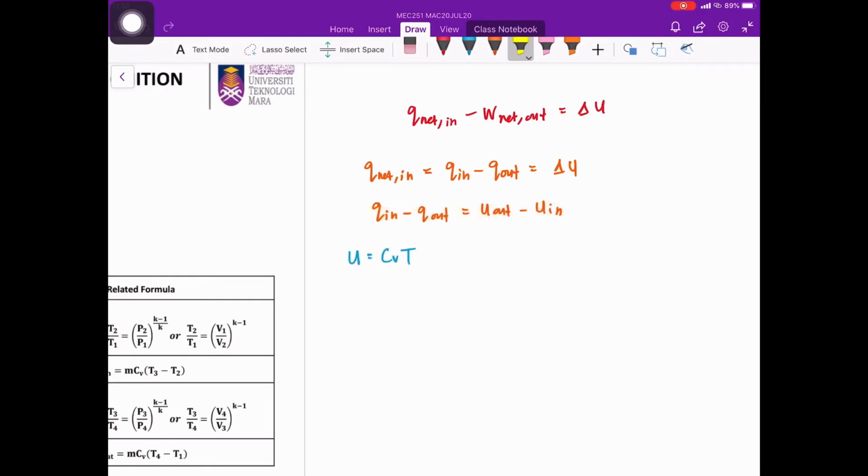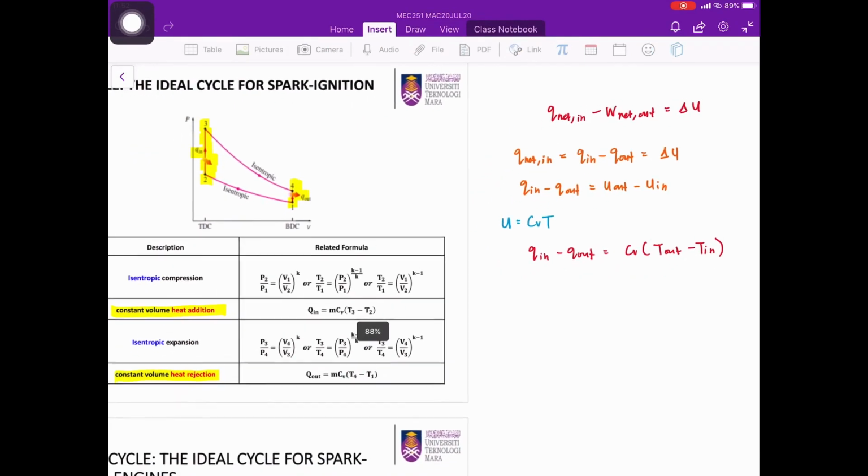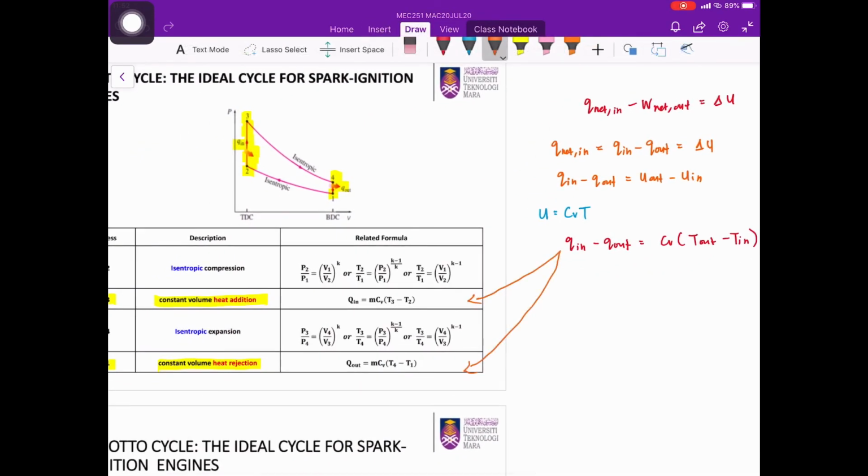For gases, the internal energy U can be determined by the formula U equals Cv times T. Therefore, for heat transfer in kilojoules per kilogram, we have this expression. Thus, we have this equation for the specific processes.